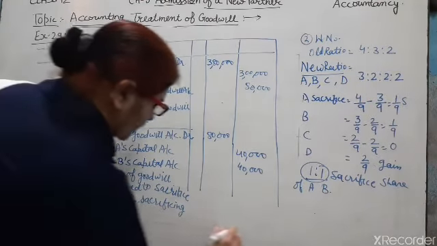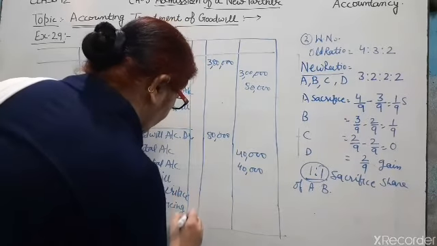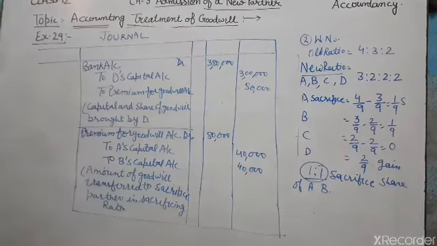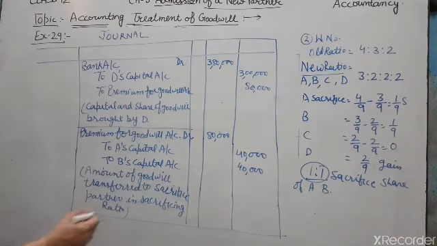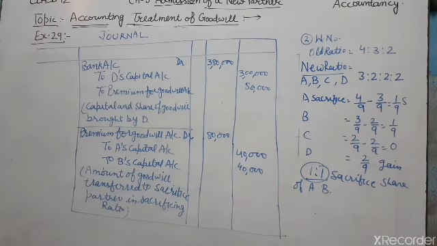And in this question, it is not mentioned whether the amount is withdrawn by the partners or not. So we treat it as this amount is retained in the business. I hope you understand this question.